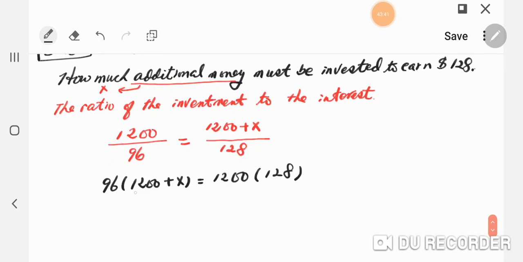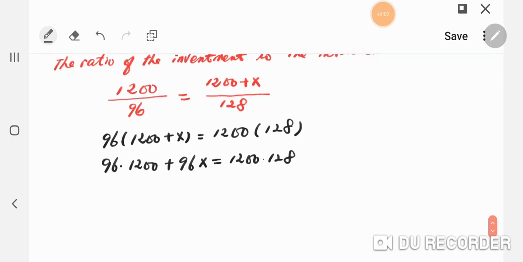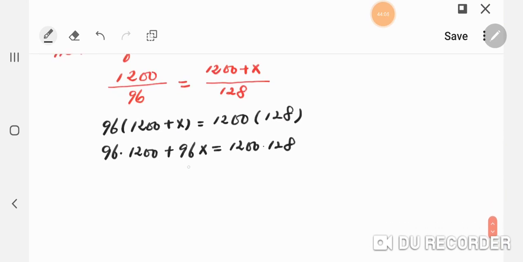All right, then use the calculator. 96 times 1,200 plus 96X is equal to, so this is just multiply. Why don't you use a calculator to simplify this? It's a large number.